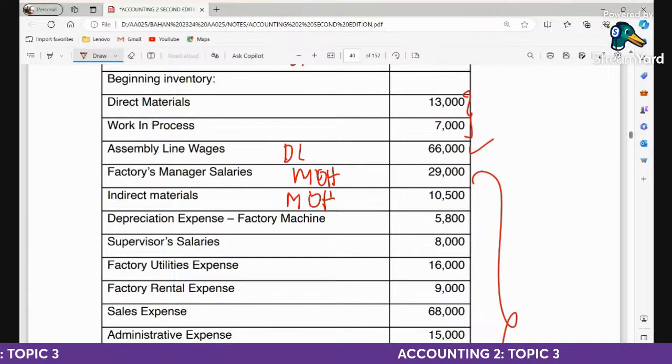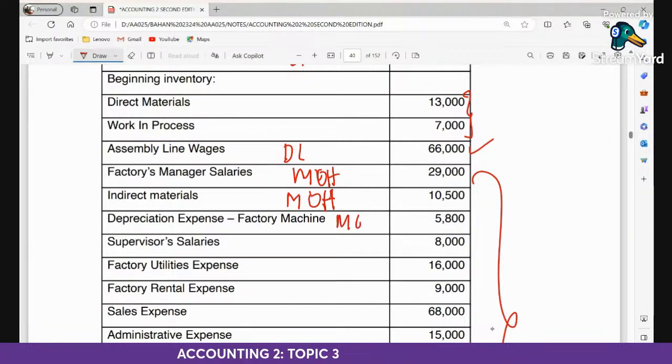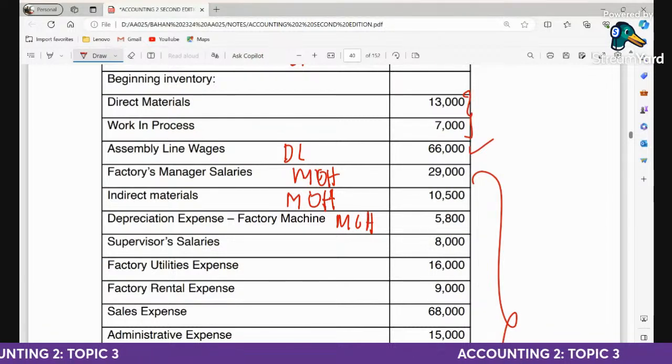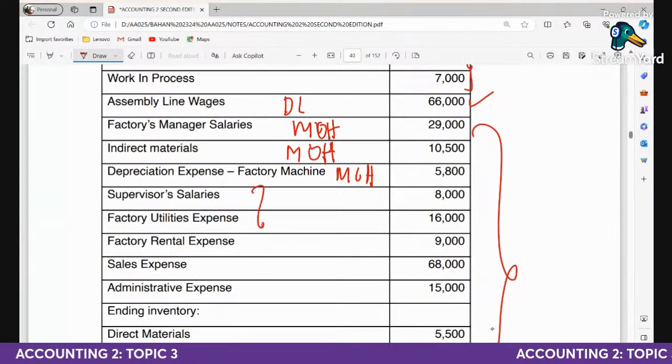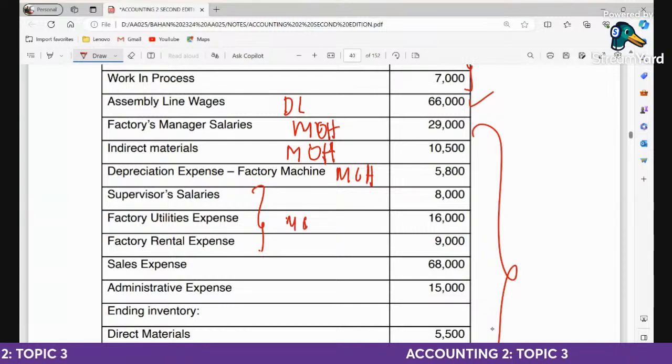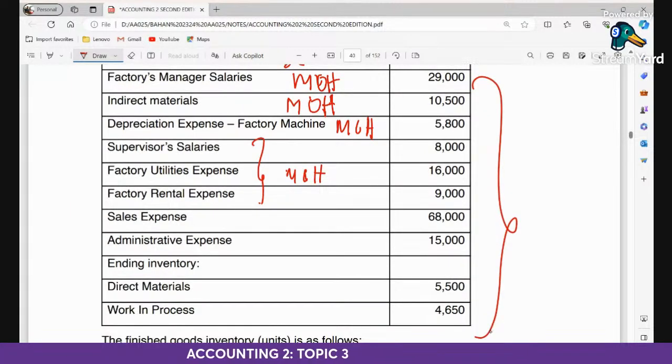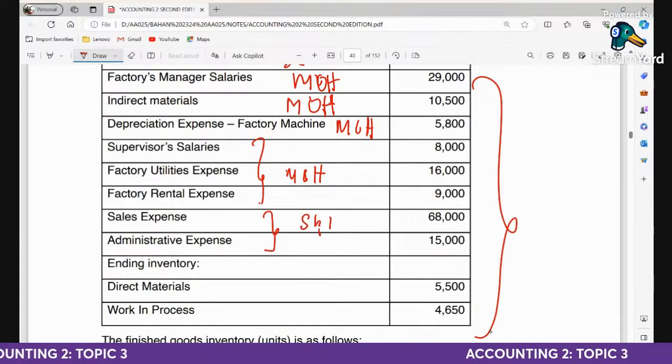Okay. And then kita ada depreciation expense, this is also MOH. Alright, okay. Supervisor salaries, factory utilities, factory rental, yang ini pun MOH. Okay. Alright, sales expense, admin expense, this is your period cost, sales and admin.